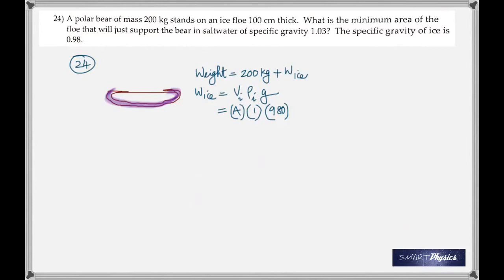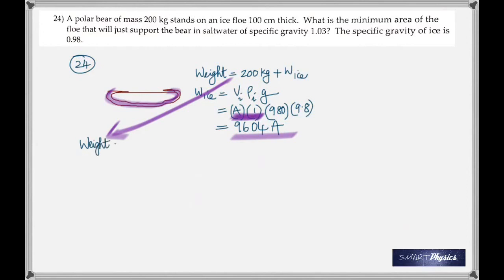That's why you find A times 1 times 980 times 9.8. So that is the weight of the ice in terms of A. Okay, I had forgotten to multiply it by 9.8. Now I've done that, plus 9604A. That's the total weight of the floating object.